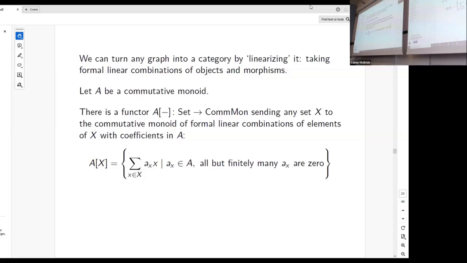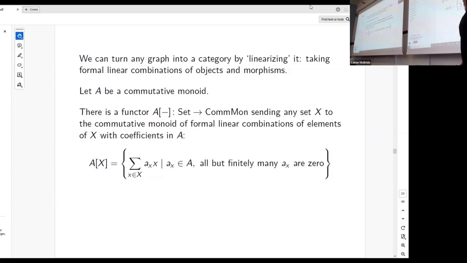And so actually that only works, I should fix this slide a little bit. That only works if you pick a commutative monoid that's an abelian group. But actually I want to be more general and let it be a commutative monoid.